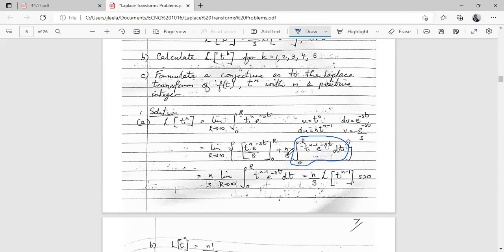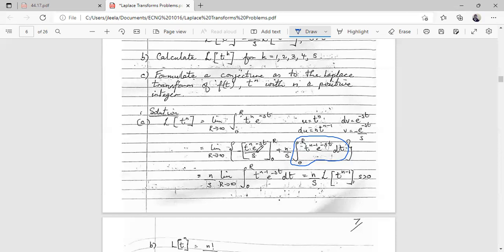Of course, we know that this term here will work out to 0. If you're putting r here, since there is a negative in the exponent, the first value will approach 0. The second value, you have a minus t^n, and you're applying t to be 0.